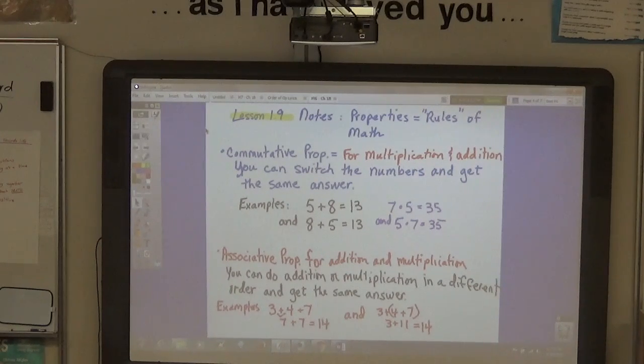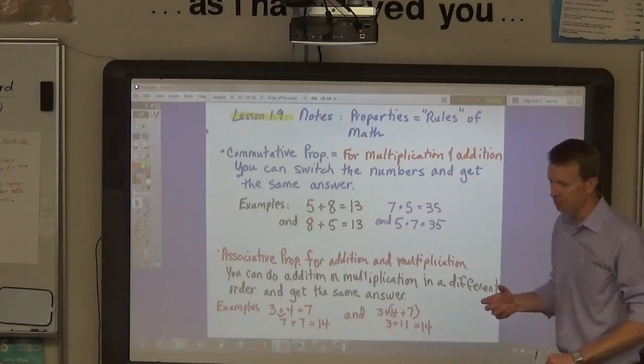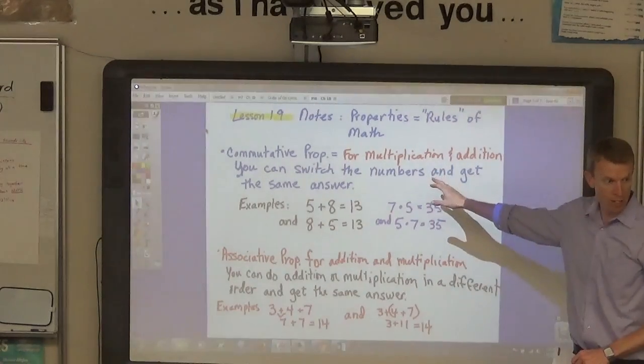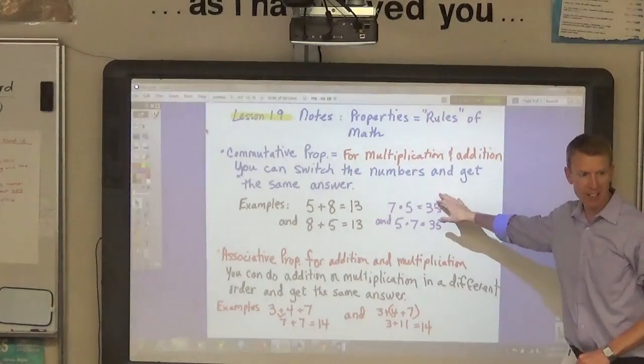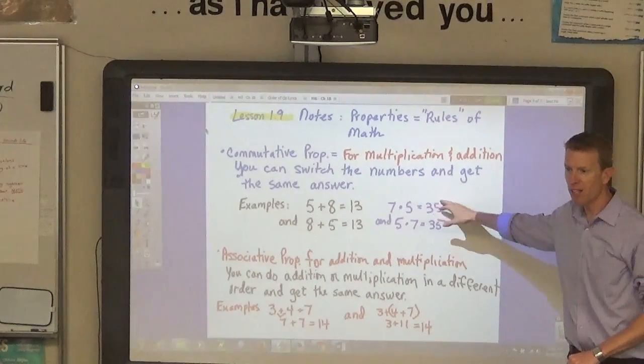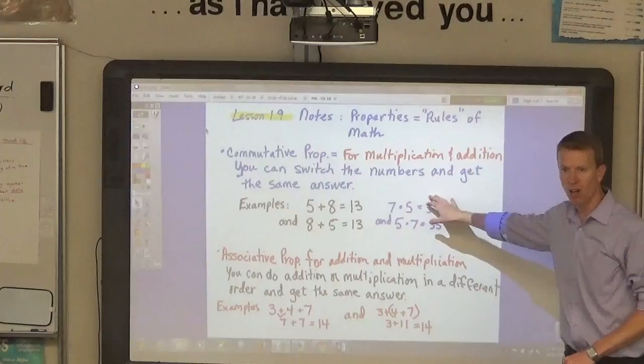Okay, sixth graders. We're going to talk about lesson 1.9, and these are the rules of math. Properties of numbers, and the rules that we can use to win the math game. There are rules in math, just like there are rules in soccer, or volleyball, or football.